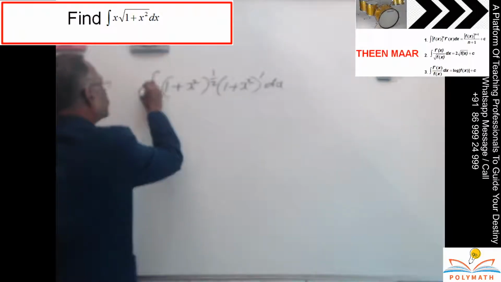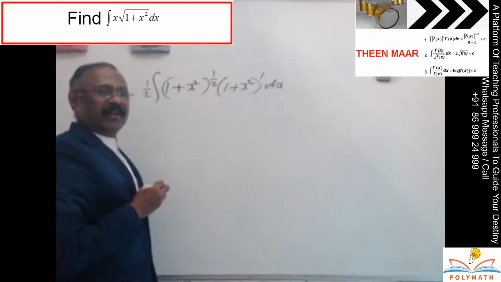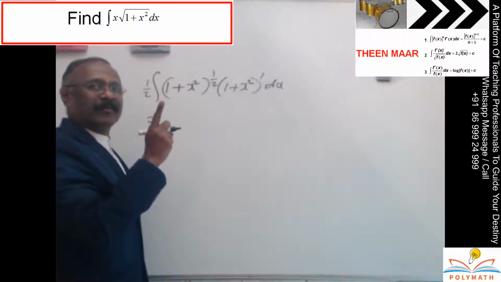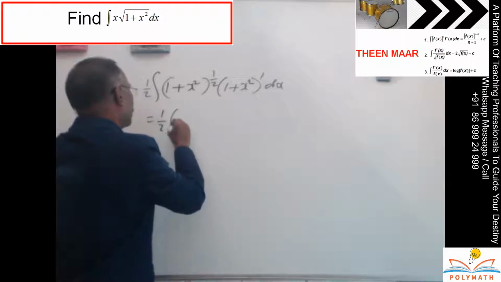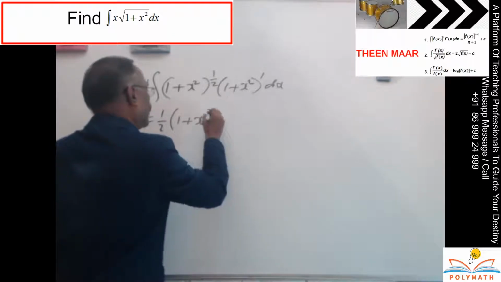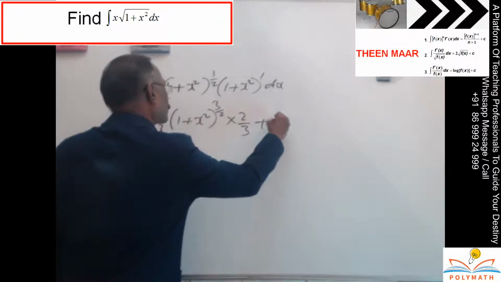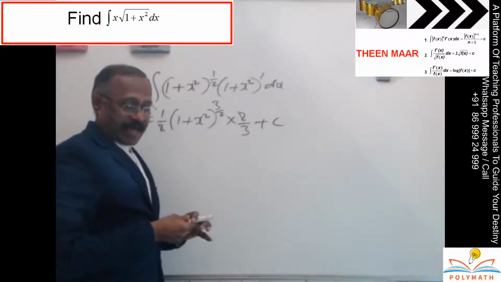The derivative of 1 plus x square is 2x, but there is 2 extra, so divide with 1 by 2. And it is taking tin mar 1, f(x) power n into f dash x. So it is nothing but f(x) power n plus 1 by n plus 1 plus c. Done. Okay, next.